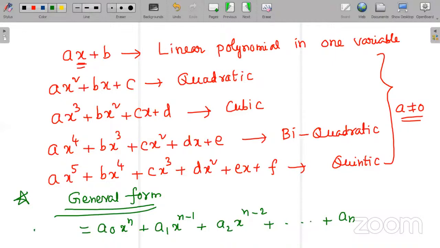Generally, it is denoted by p of x, or sometimes by f of x also. But here a naught does not equal 0. This condition must be followed. I hope it's very clear to you. Okay, just go through them in 1 minute now.